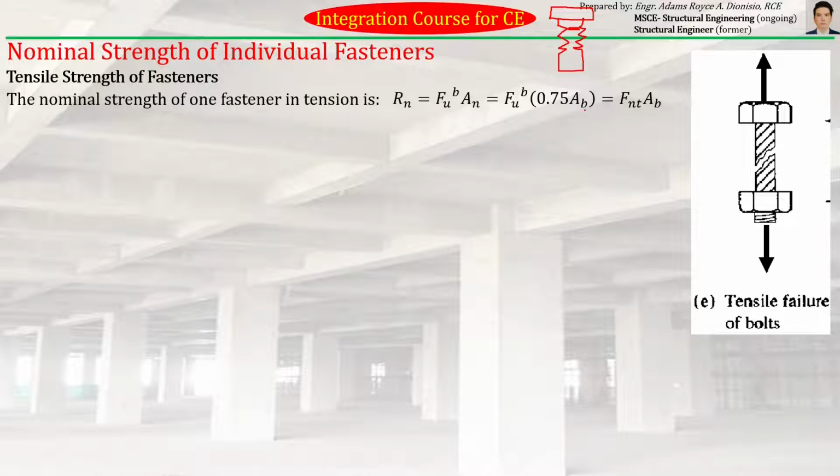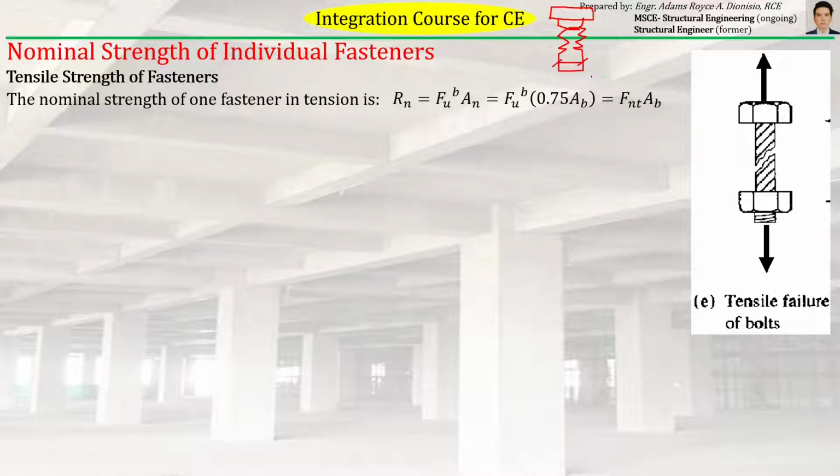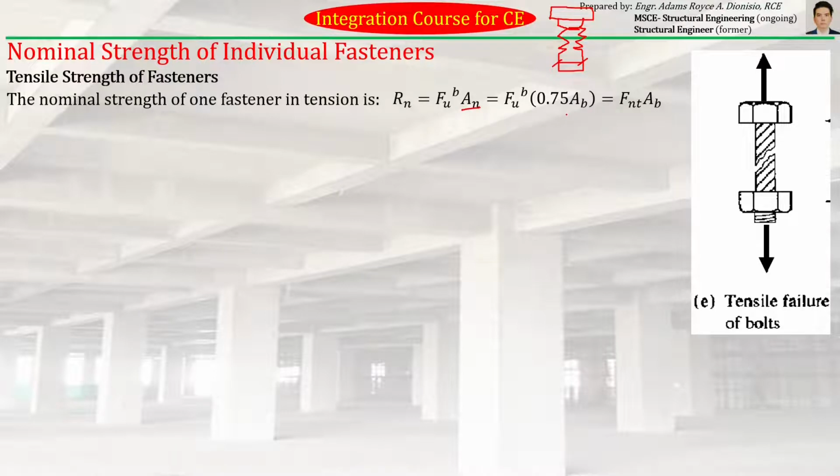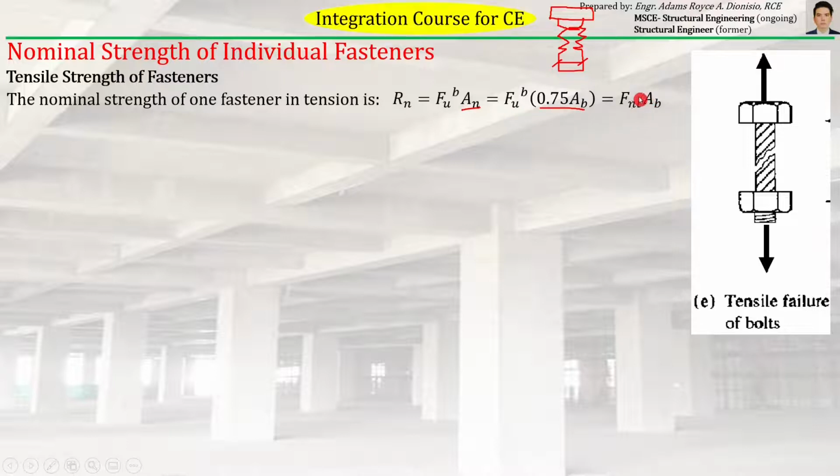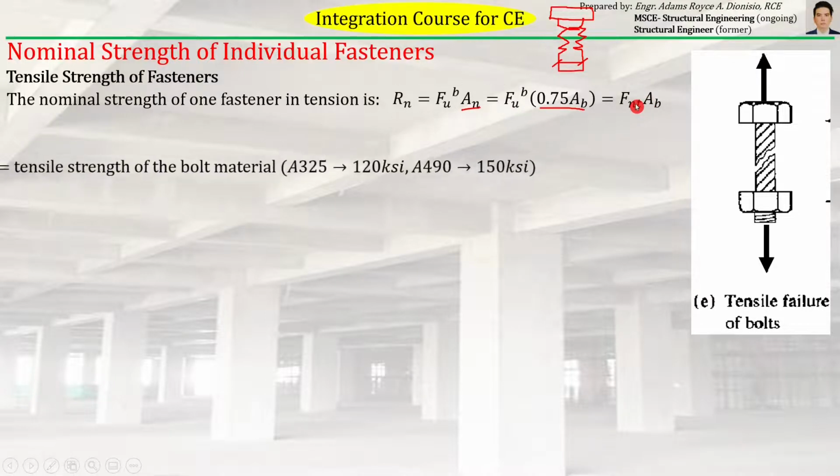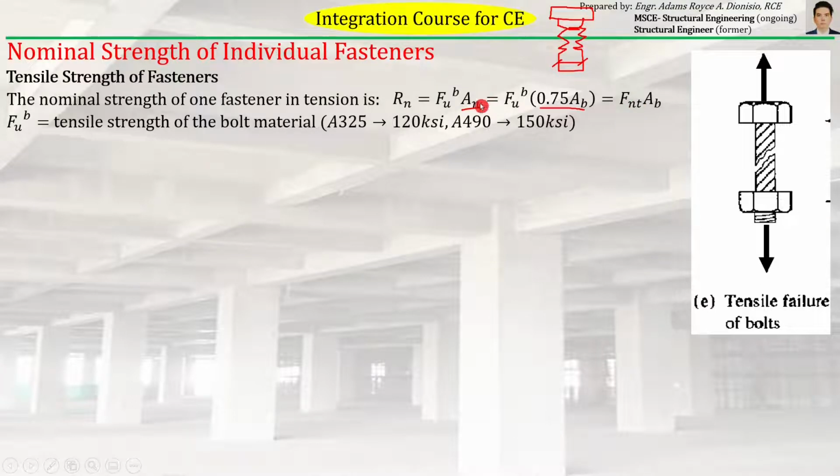Sabi natin yung area Ab, eto yan, yung buo, yung walang threads. Okay, so theoretically, yung An, yung net area is just 0.75 ng mismong area ng bolt. Okay? Or, kung pagsasamahin natin yung 0.75 Fub, that is also called Fnt. Okay? So, later on, define natin isa-isa yan.